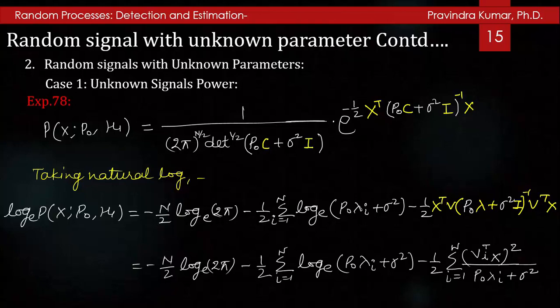This can be written as minus 1 by 2 log 2 pi minus 1 by 2 summation i equals 1 to n log (P naught lambda i plus sigma square) minus 1 by 2 summation i equals 1 to n (Vi transpose x) whole square divided by (P naught lambda i plus sigma square).